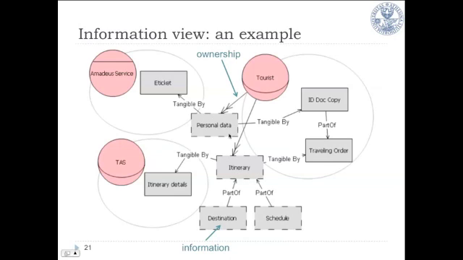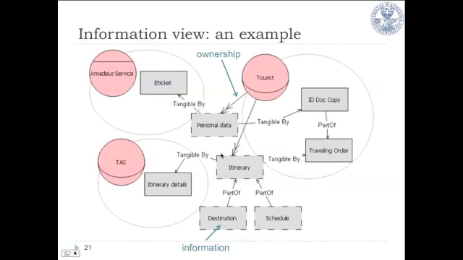This information is represented in given documents, so a given information piece could be made tangible by more documents, as in this case personal data is made tangible by both ID-doc copy and e-ticket, which is the flight ticket generated once the flight tickets are booked.